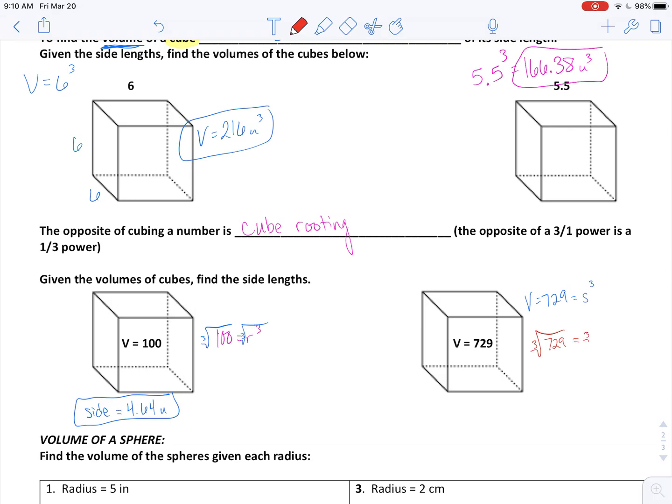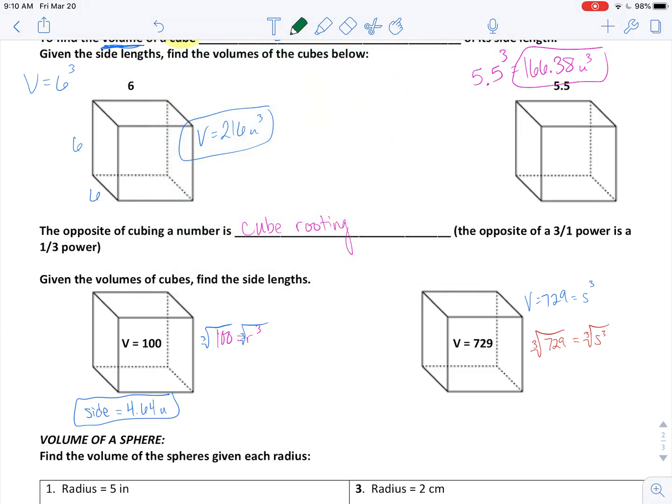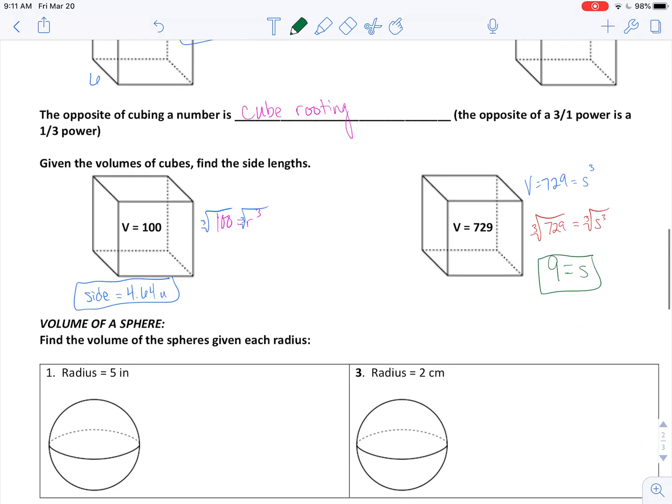Well, I can take the cube root. And this is a nice problem here because 729 is a perfect cube. So 9 is going to be each side length, or 9 units.